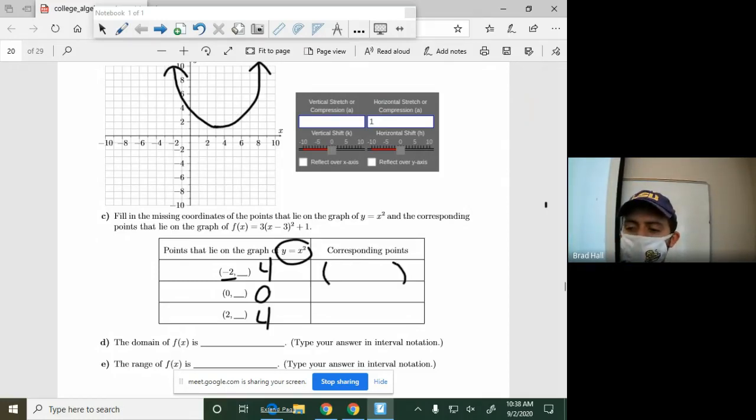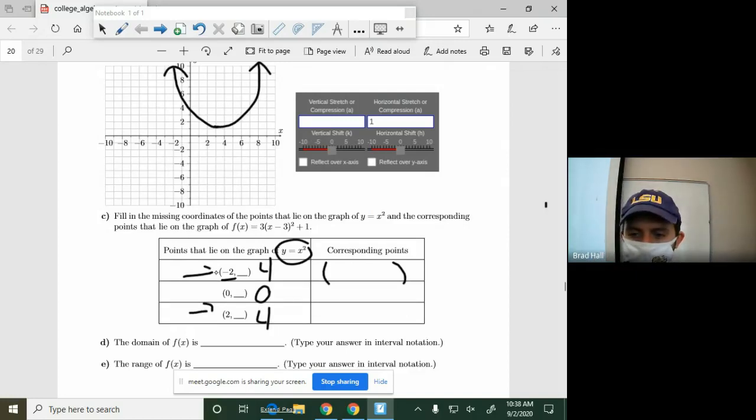The corresponding points are going to be a little bit different, because we shifted to the right 3. And because we shifted to the right 3 in this problem, the x values that are over here will also shift to the right 3.